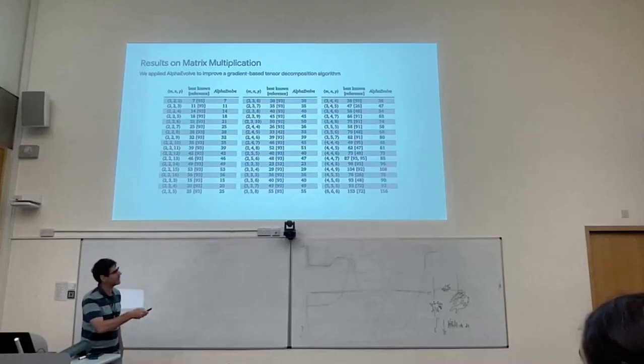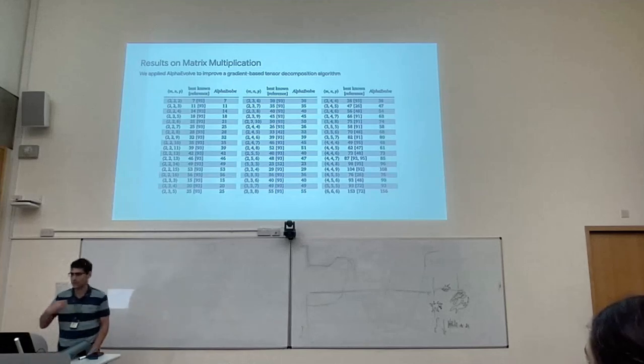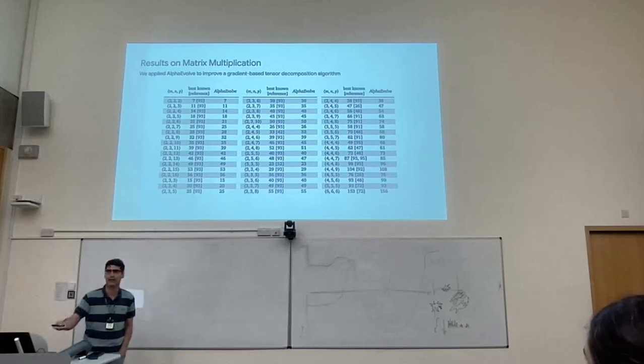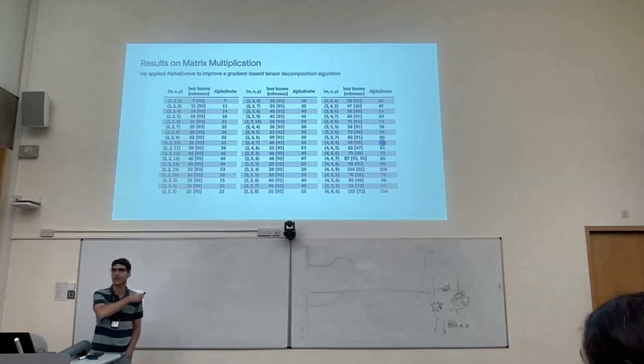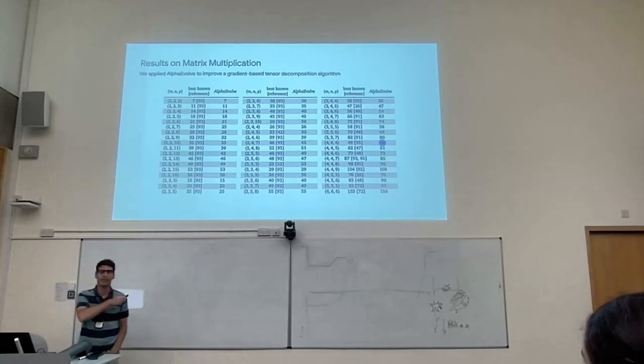It fails in these two cases, but in the green ones we actually outperform, producing a better rank for these tensor sizes. One particularly interesting result is the 48 here, for multiplying 4 by 4 matrices. The state of the art before this work was 49, and it was reduced to 48.